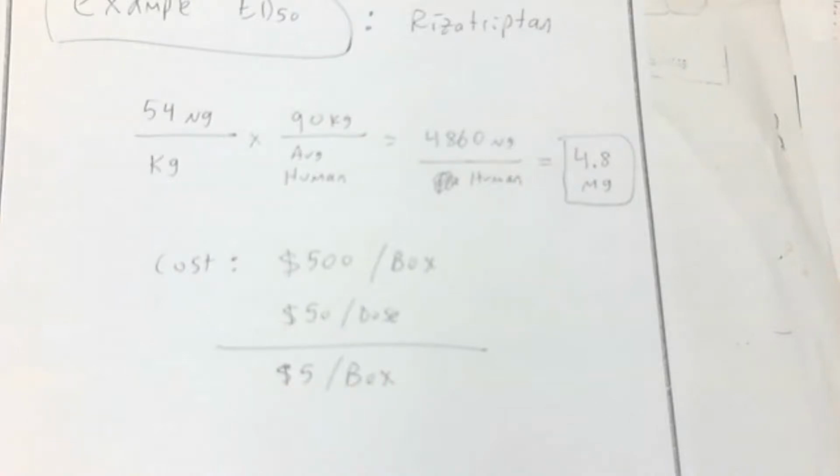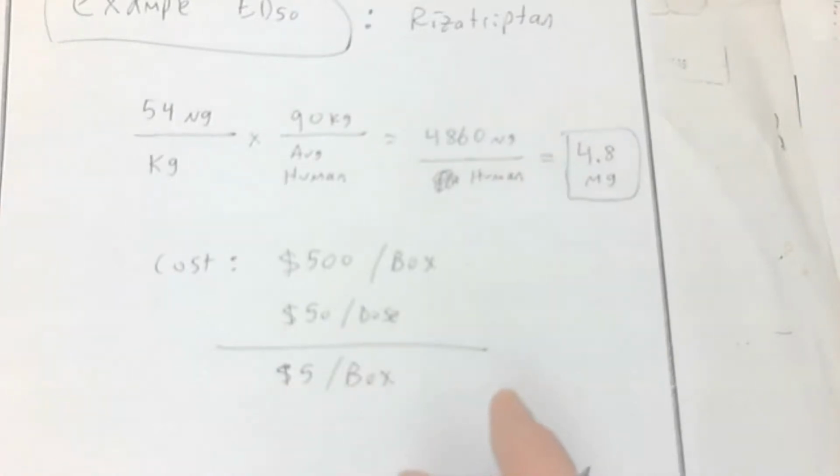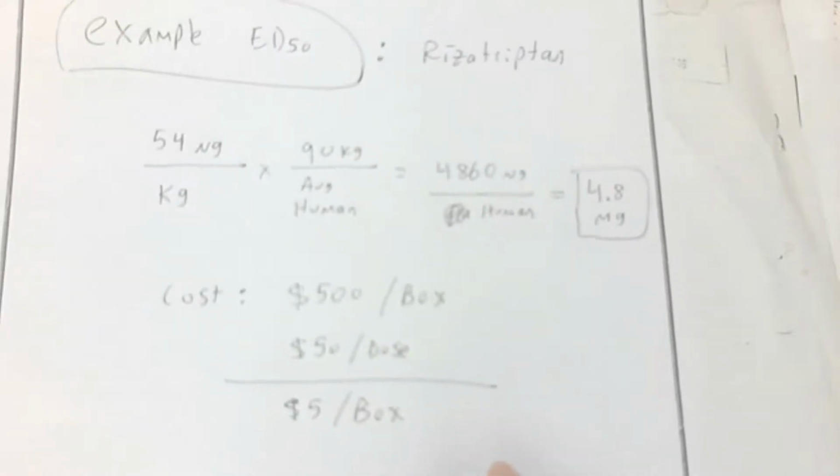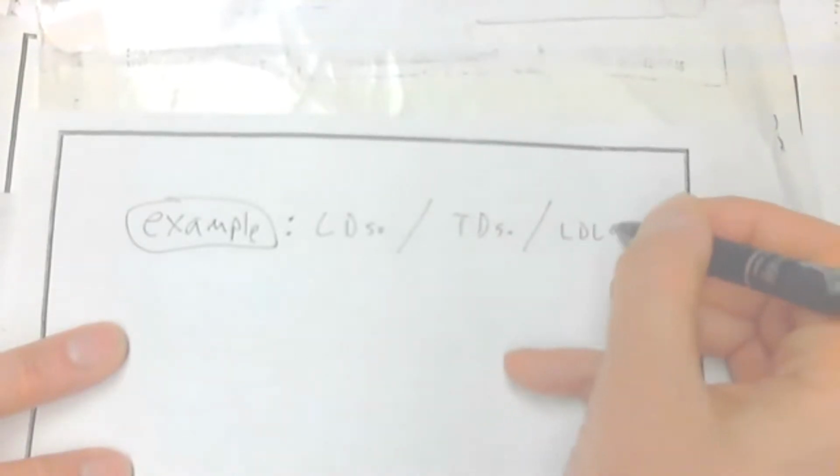Let's talk a little bit more about LD50, TD50, and the LD low, the lowest observable lethal dose. We already talked about what these mean.